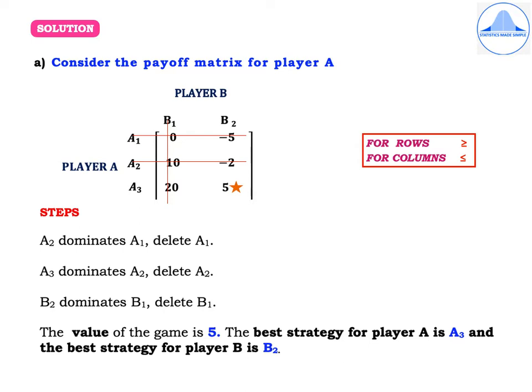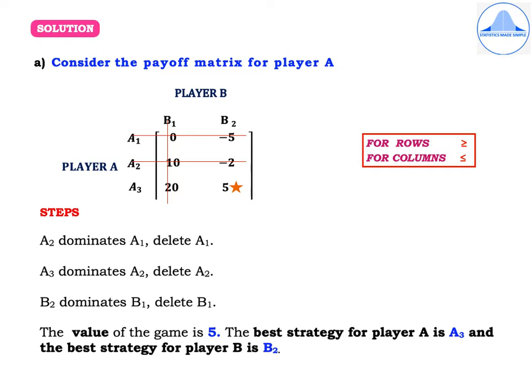Then I will check A2 with A1 and A2 with A3, and then A3 with A1 and A3 with A2. Once all the row comparisons are done, then we do the column comparisons. So I'll compare the payoffs in B1 with B2, and once that is done, I will compare B2 with B1.